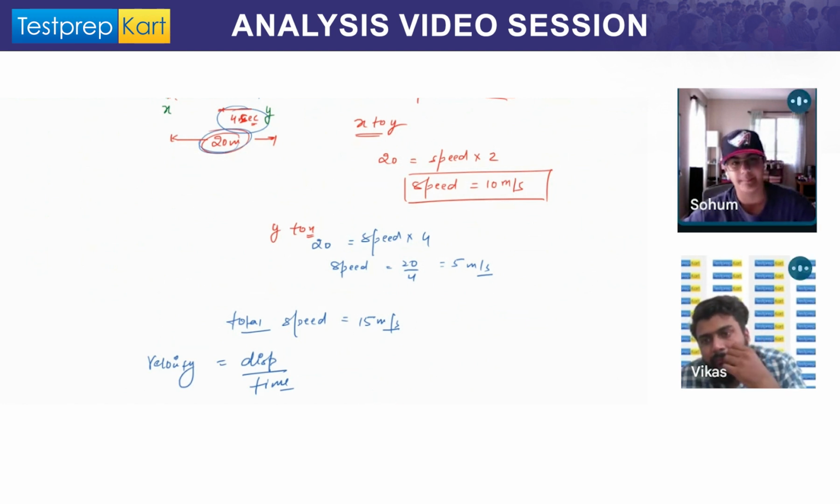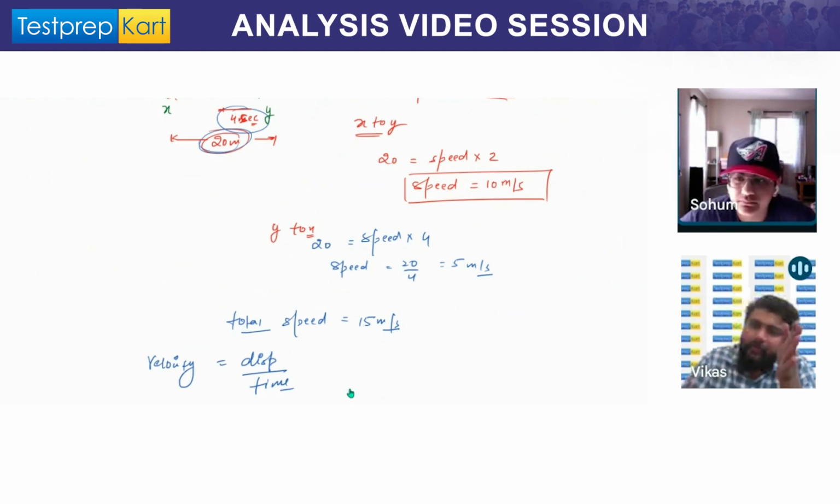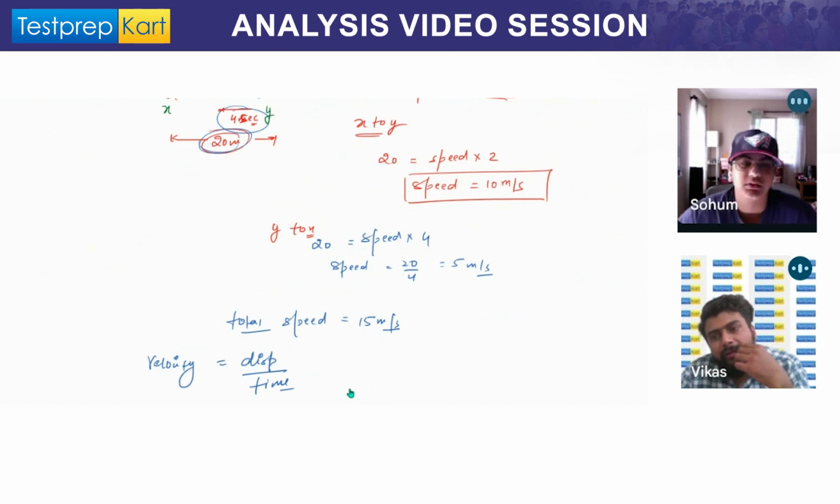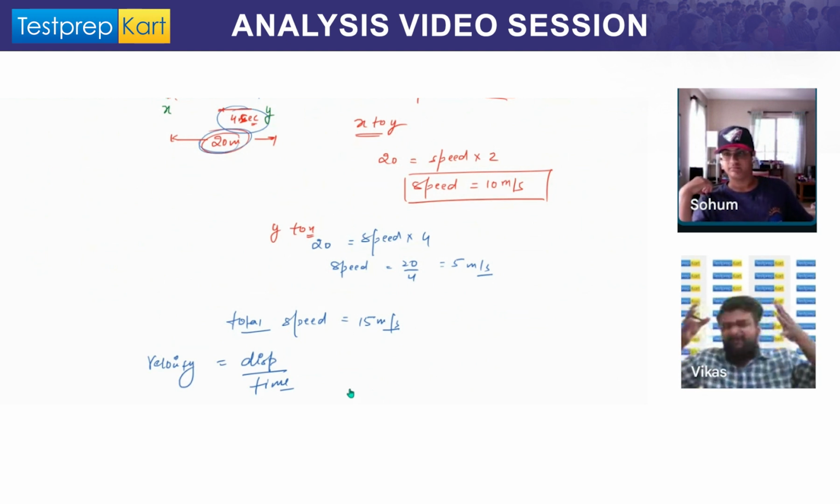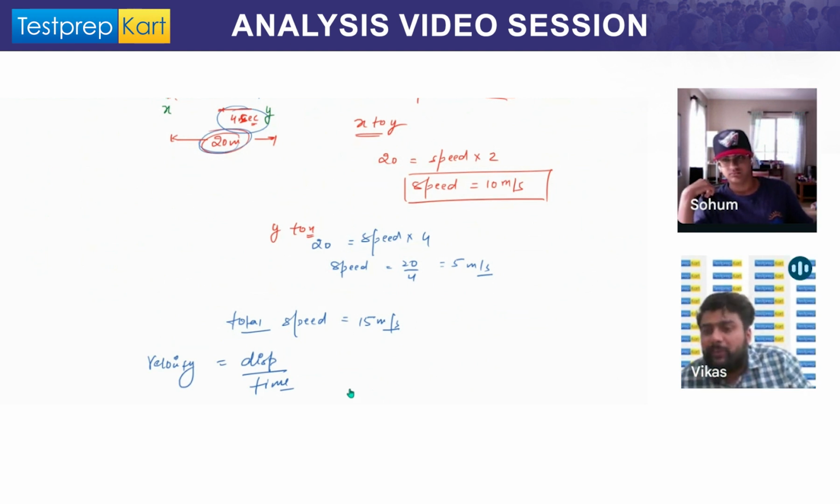You started from X and returned to where? X. So what was the displacement? What is the shortest path that is traveled by the body? 0. Displacement is the shortest path.